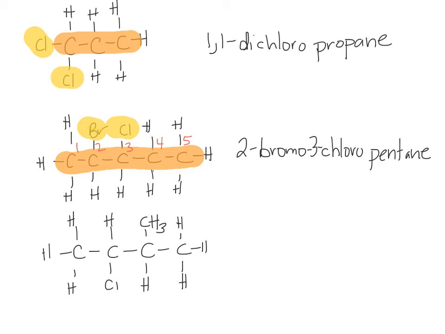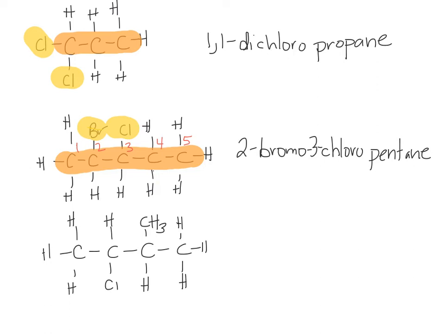Now if we take a look at the last structure here, we have a halogen side group. Our longest continuous chain is either 4 or 4. Either way, numbering here, there will be a methyl group on carbon number 3. So let's get to it.